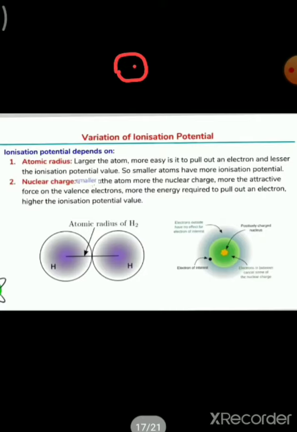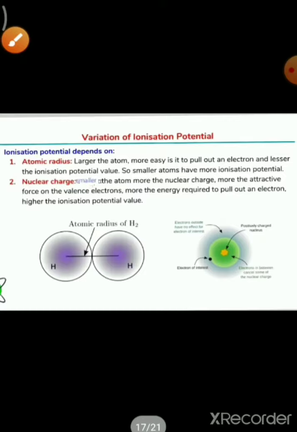Then we have to put more energy to remove the electron from the outermost orbit. And if we are putting more energy, then we are putting more ionization potential. So like this way, smaller the atom, more ionization potential is needed. So understood, students? Then nuclear charge.